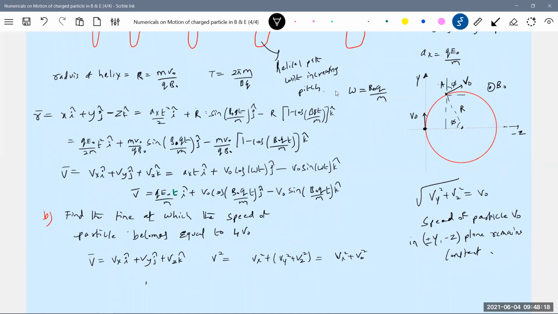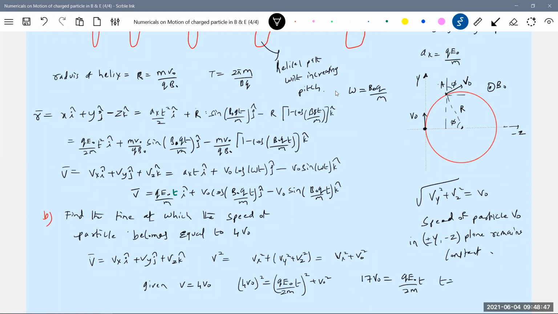So therefore, given 4v naught, this will become 16 v naught square. What about Vx? I should write qE naught by 2m into t. So this will become 15 v naught equal to qE naught by 2m into t.